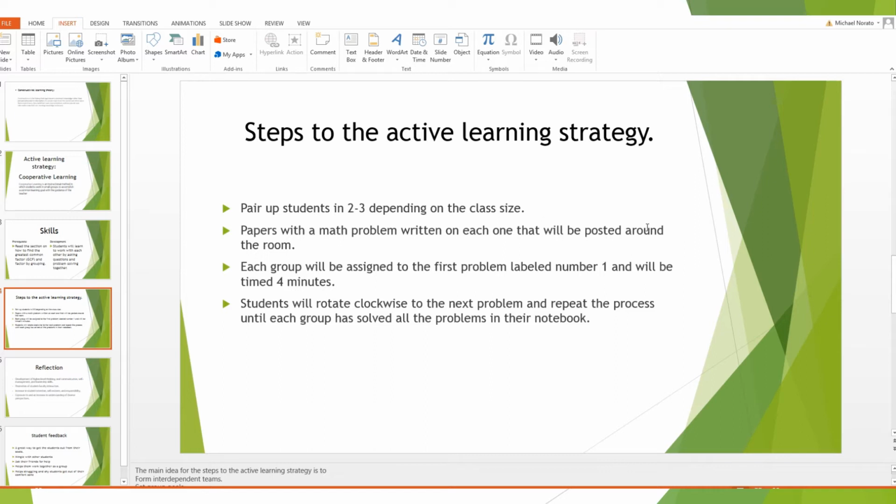So for example, group 1 would take problem number 1, and the second group would take number 2. The groups will work on the problem for about 4 minutes, and when the time is up, I'll say rotate clockwise, and they will go to the next problem. They repeat the process until all of the problems are solved in their notebook with all the solutions and process.